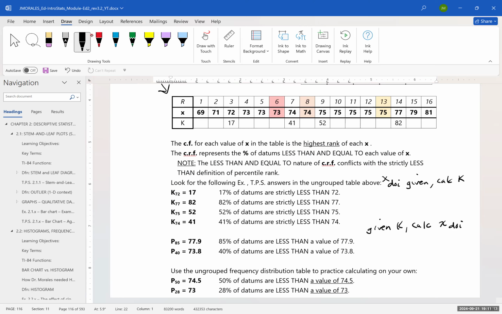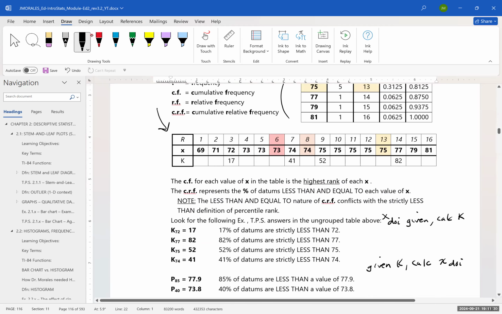So we had to reverse that process. And in reversing that process, we can see that there's a little bit of a discontinuity here. There's a little bit of a problem. Let's take a look at that problem right now.